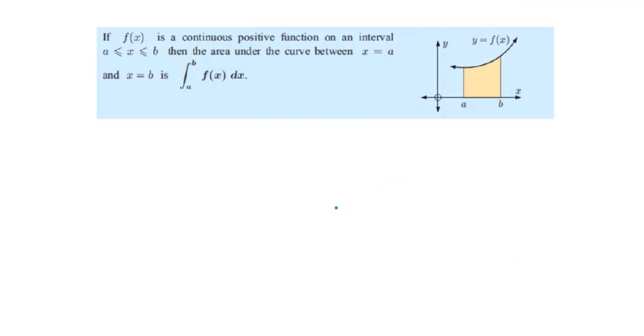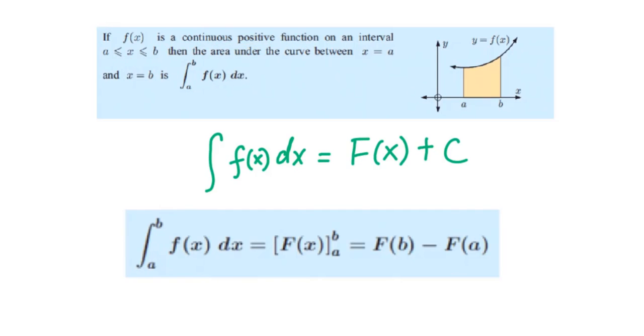Here's the definition. If f of x is a continuous positive function on an interval from a to b, then the area under the curve between x equals a and x equals b will be written as this. If the indefinite integral of f of x dx equals capital F of x plus c, then for the definite integral from a to b of f of x dx, you will get this capital F of x.